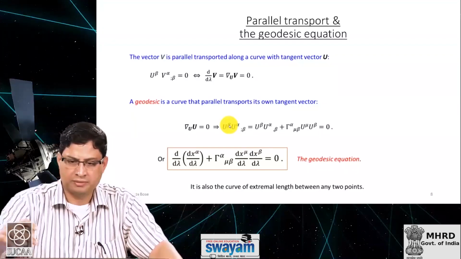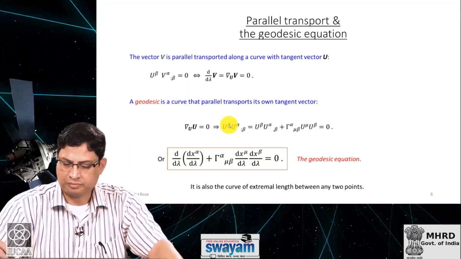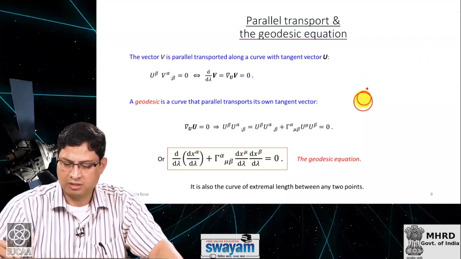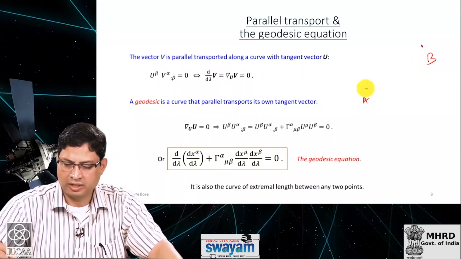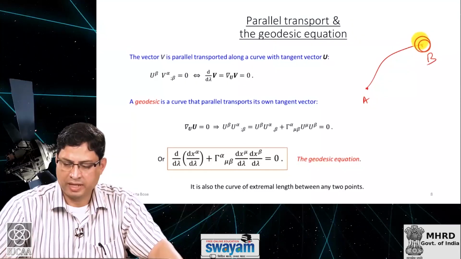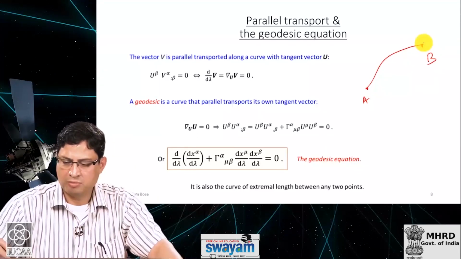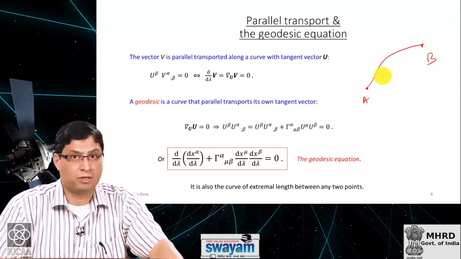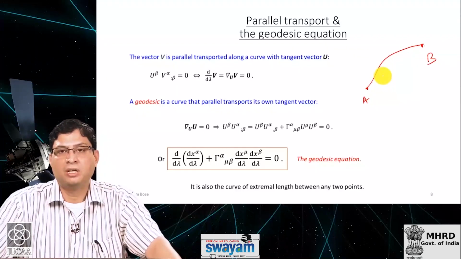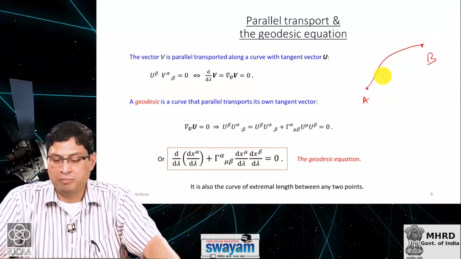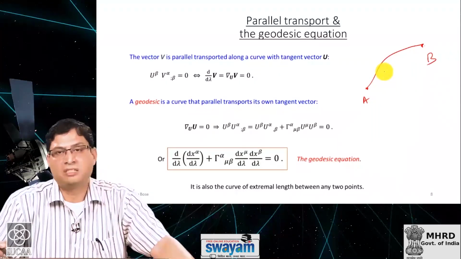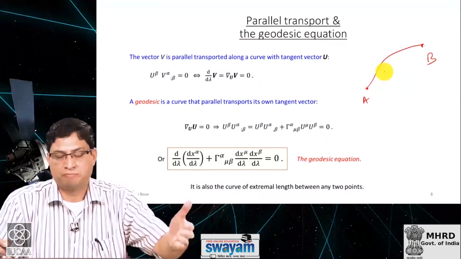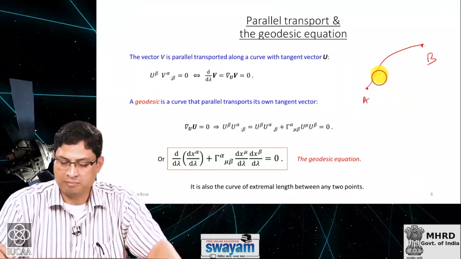So, you can have 2 points of interest, call them A and B, and you can have a path connecting these 2 points. But if you parameterize it with some parameter, for example, the proper time, which could be measured by the clock being carried by this traveler, or in general it could be not tau, but some other parameter lambda.